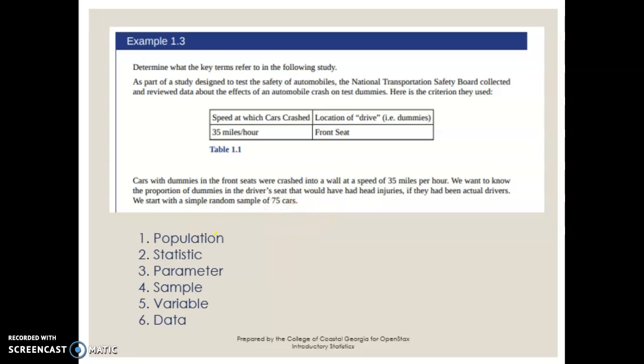Okay? So, the population is all cars containing dummies in the front seat. Okay, so that is the population.